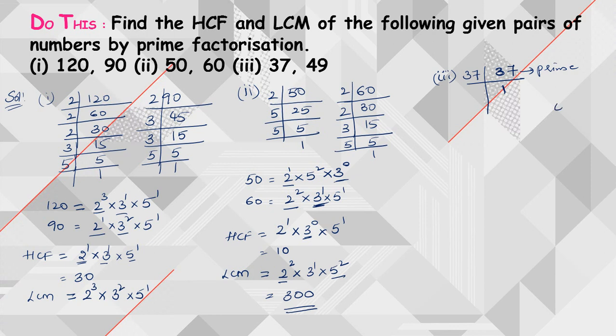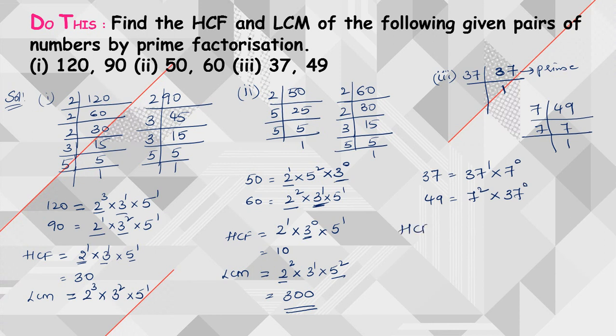The same way, next, what about 49? 49 means 7 sevens are 49, again in 7 table, one time. So clearly 37 I can write as 37 power 1. Next, 49 I can write as 7 square. Now since I don't have 7 here, 7 power 0. Here I don't have 37, so 37 power 0.